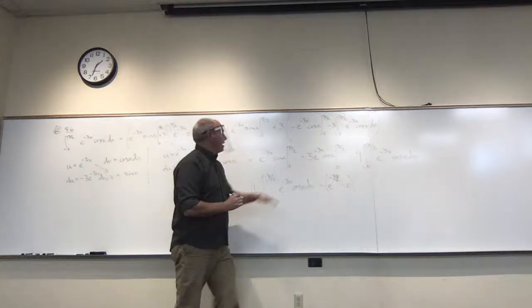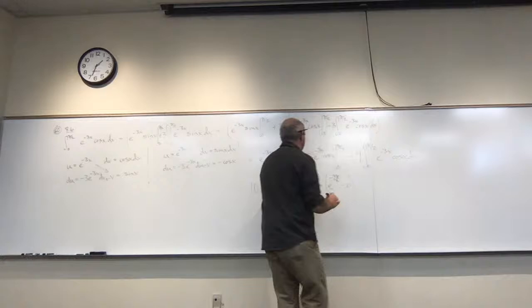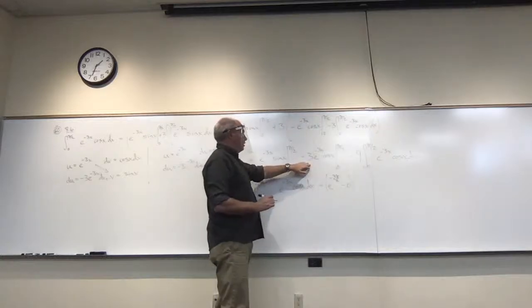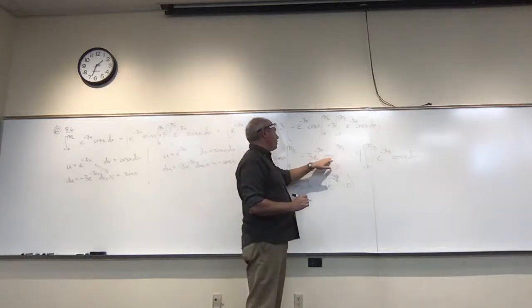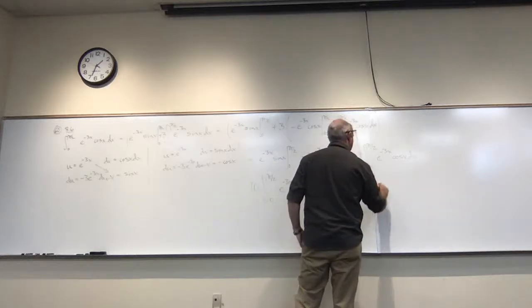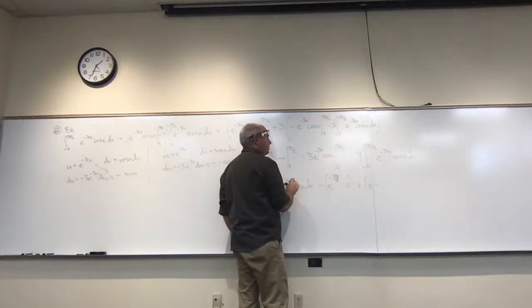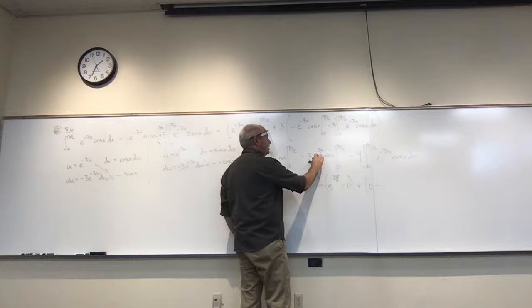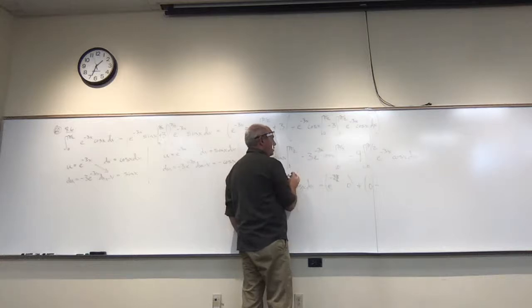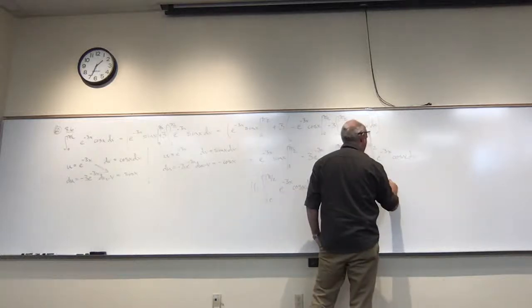Now let's plug in here. If I plug in pi over 2, cosine of pi over 2 is 0, so I get plus 0 minus, plug in 0, cosine of 0 is 1, e to the 0 is 1, and so I just get minus 3. So I get minus 3.